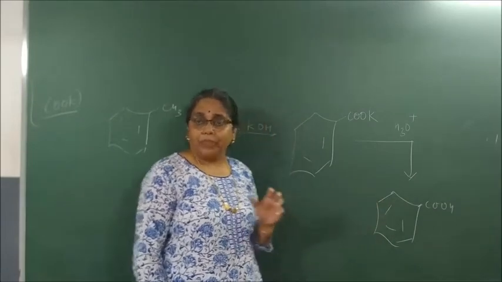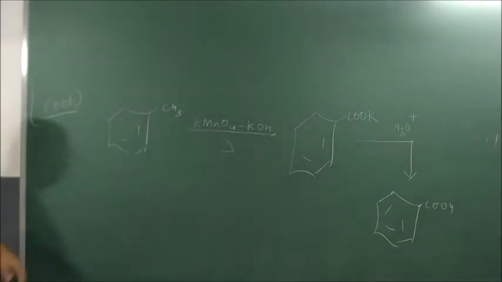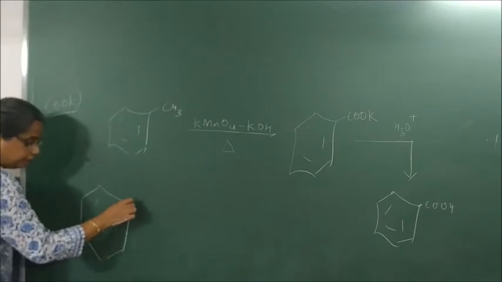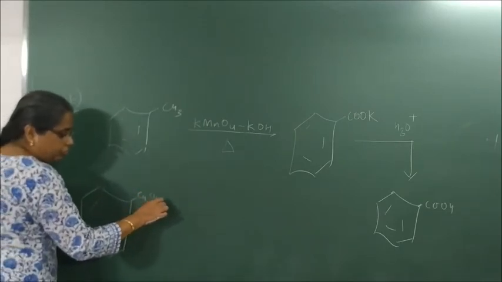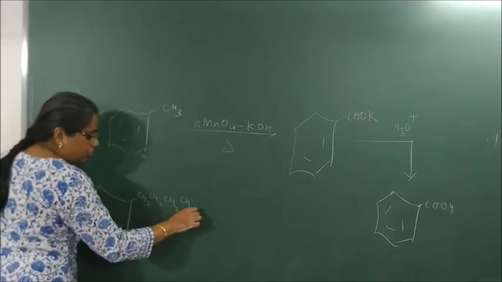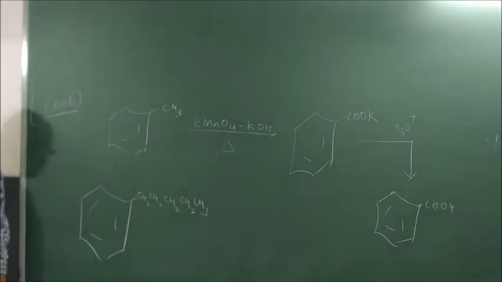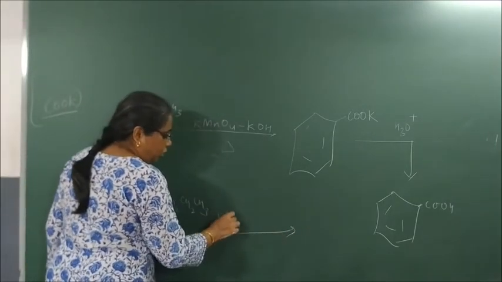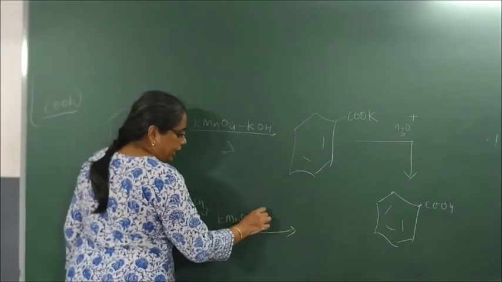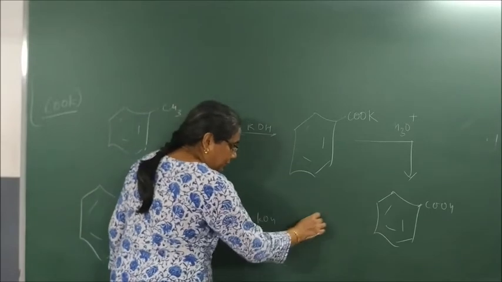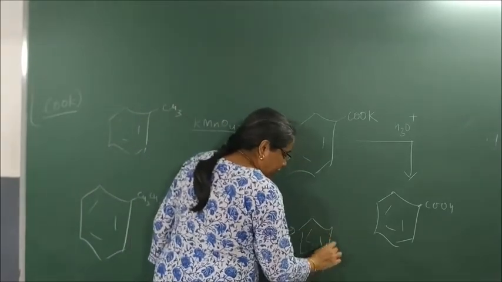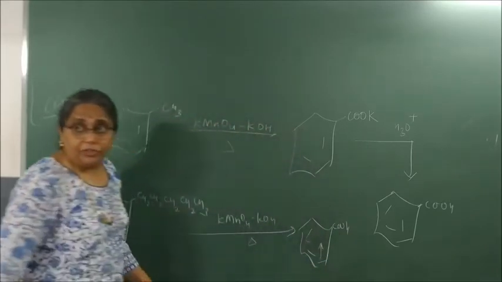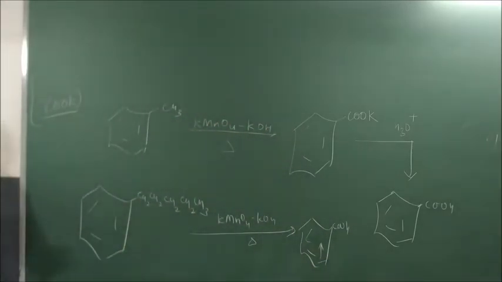Benzoic acid. Now the beauty of this reaction is, suppose I take any length of chain. I take here CH2, CH2, CH2, CH2, CH3. Still, the first process of treating it with KMnO4 and KOH will ultimately convert it into COOK only. The length of the chain does not matter.